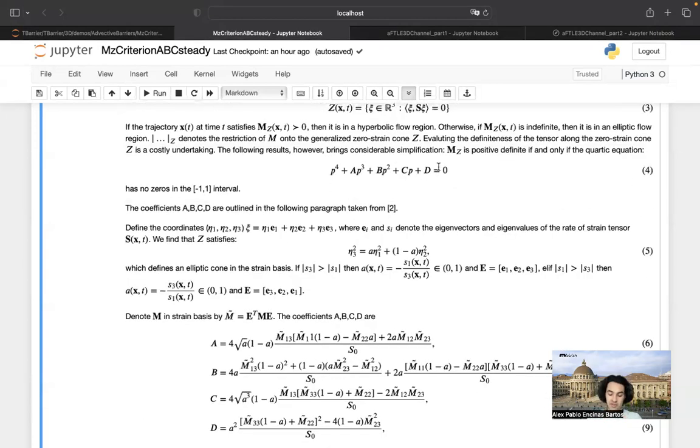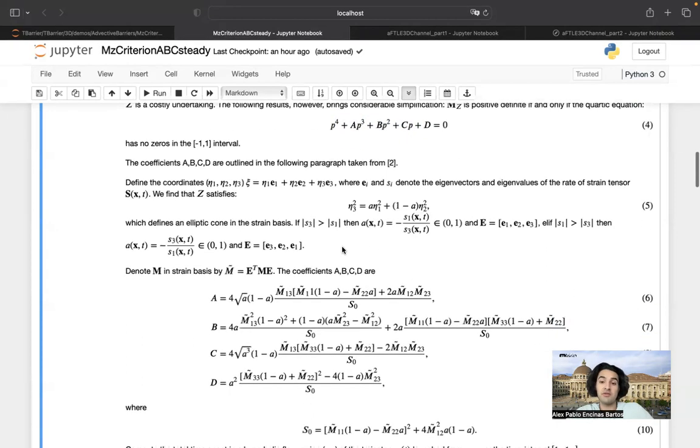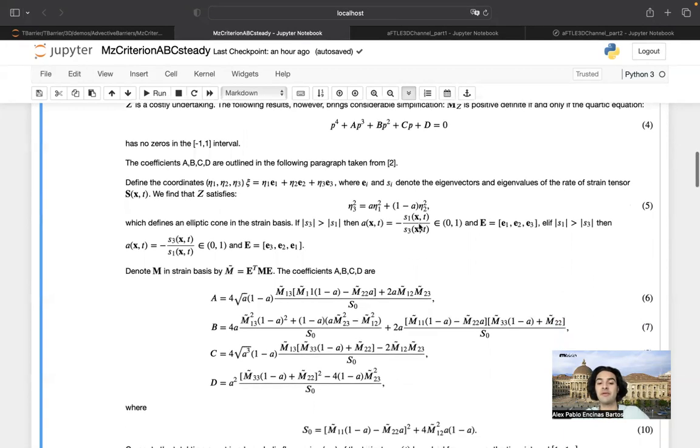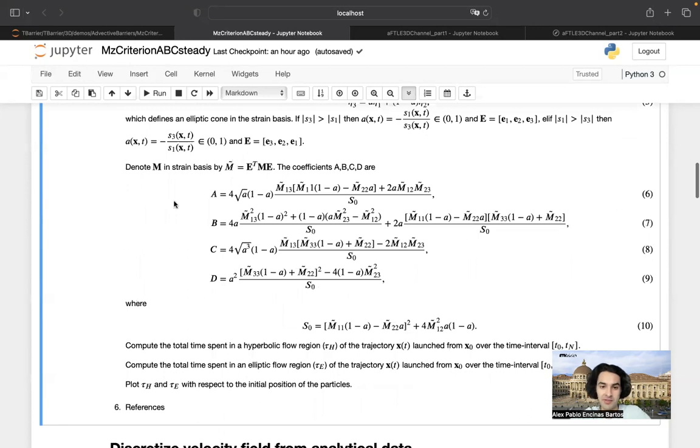So for every trajectory at every point in time, we need to compute these coefficients, and then we need to check whether this quartic equation has zeros in this interval. If it has no zeros, then Mz is positive definite, and the trajectory is for the moment in a hyperbolic flow region. Whereas if it has zeros in this interval, then it is indefinite, and the trajectory is in an elliptic flow region. As you can see, all of these parameters are fairly involved.